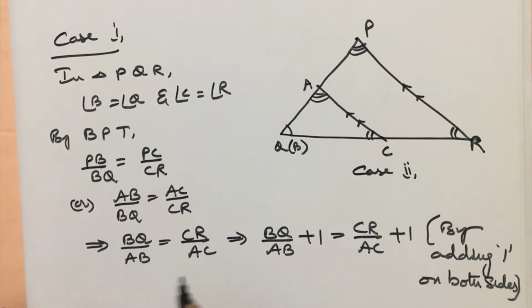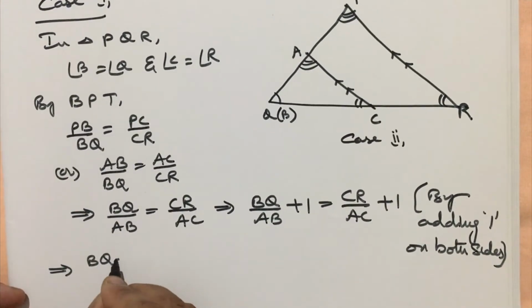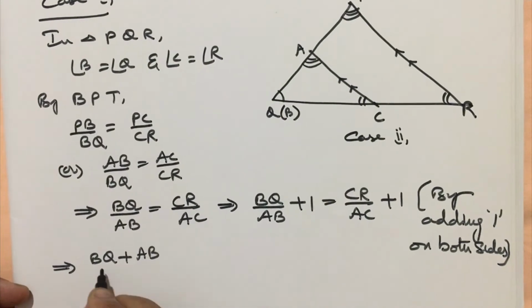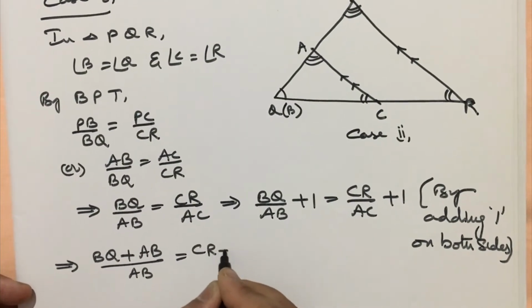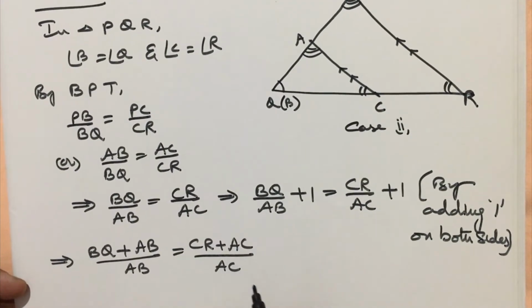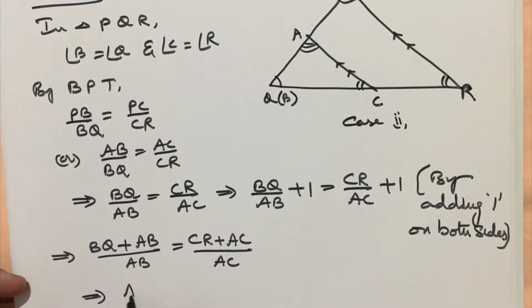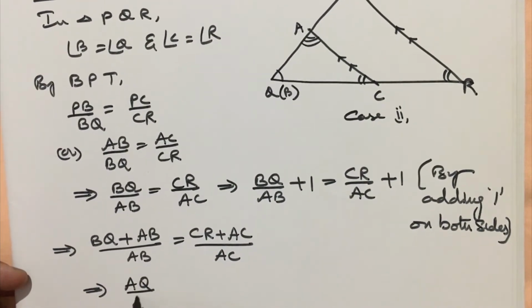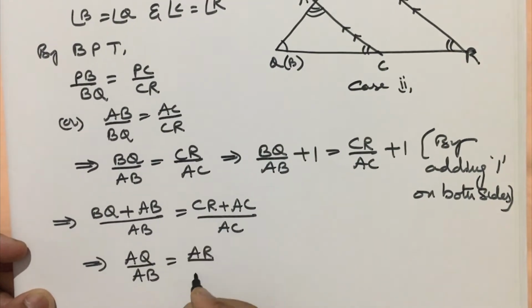So what we got here? BQ plus AB by AB is equal to CR plus AC by AC. So when you add BQ plus AB in the figure, we are going to get AQ by AB is equal to AR by AC.